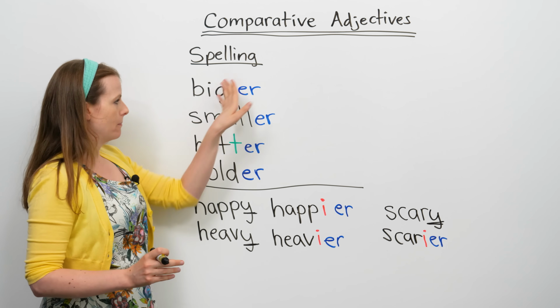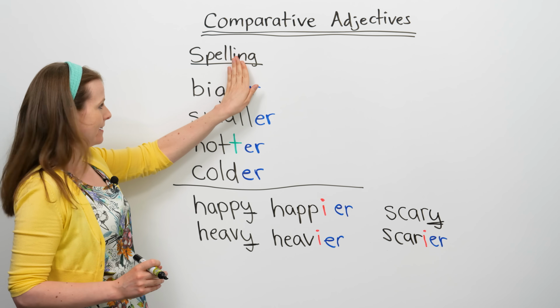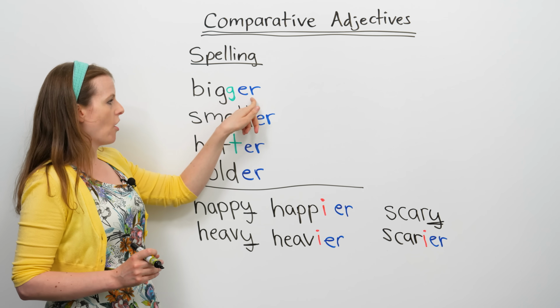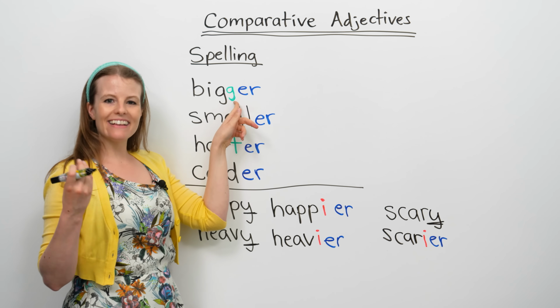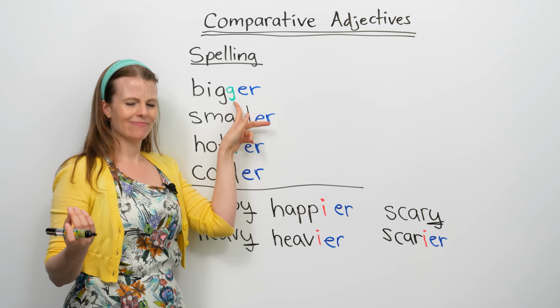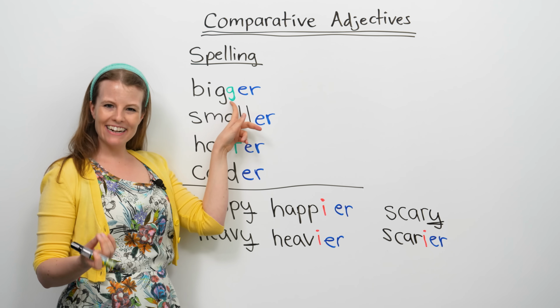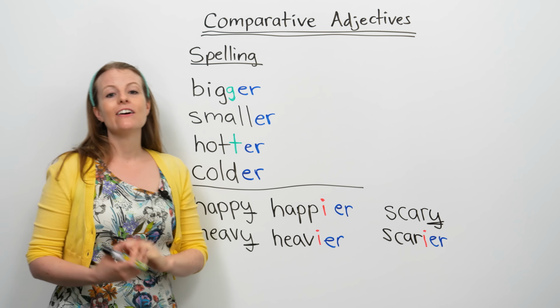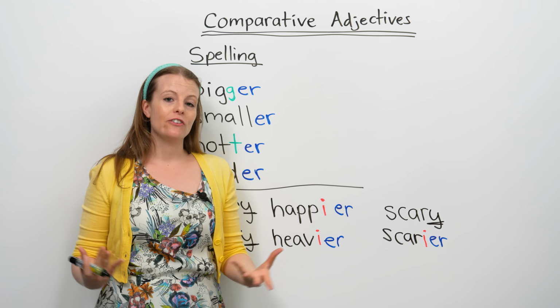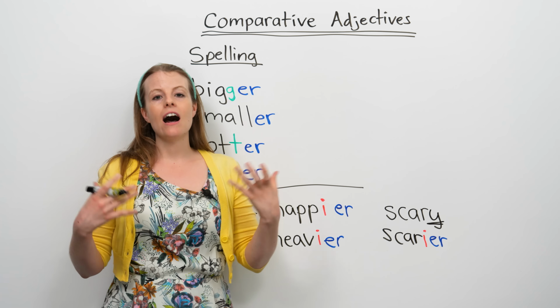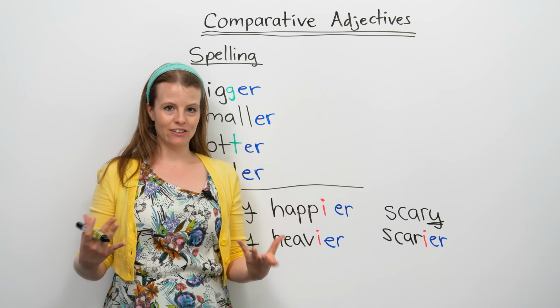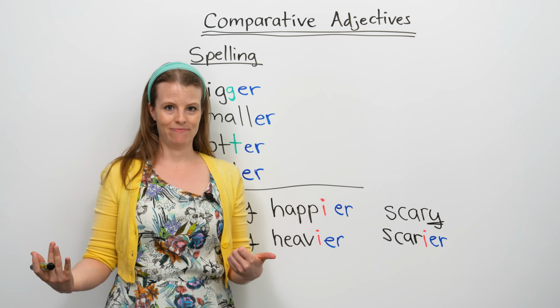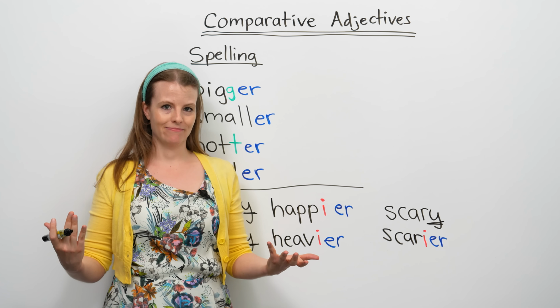So I have here the word big, so that's the adjective we're using. And I have the -er, but I've added a second G. So if you notice in green, I've added another letter. Why do I have a second G there? So when we are using comparatives, we need to pay attention to vowels and consonants, because this is going to help us with spelling.